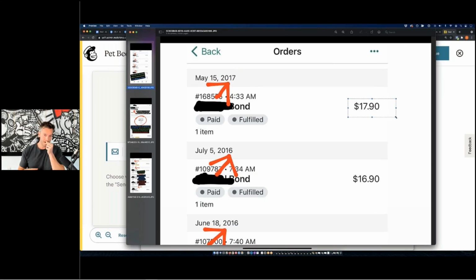So we're talking about literally almost 2 years after their first purchase, they come back and they spend $17.90. Now, mind you, a lot of customers don't have 6 month breaks before they make a purchase, but in this particular customer's journey, they had some pretty big breaks.